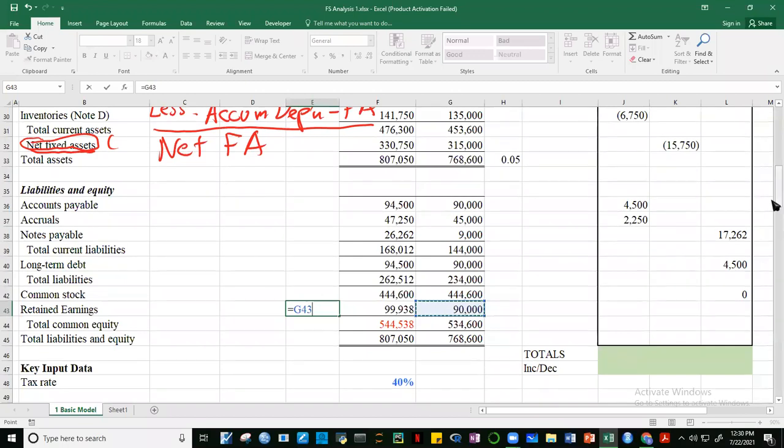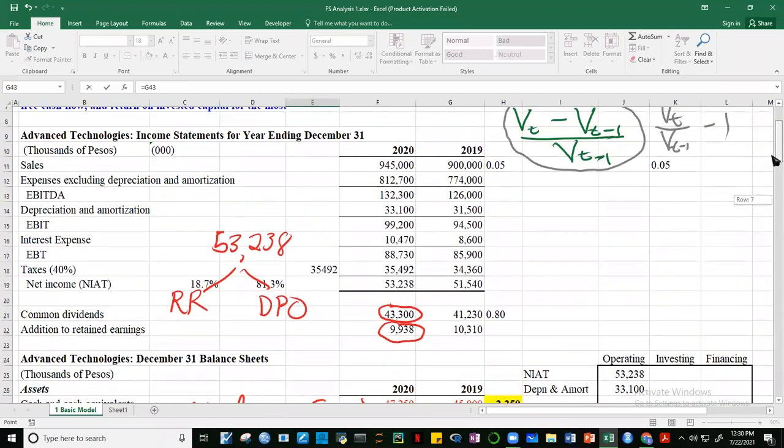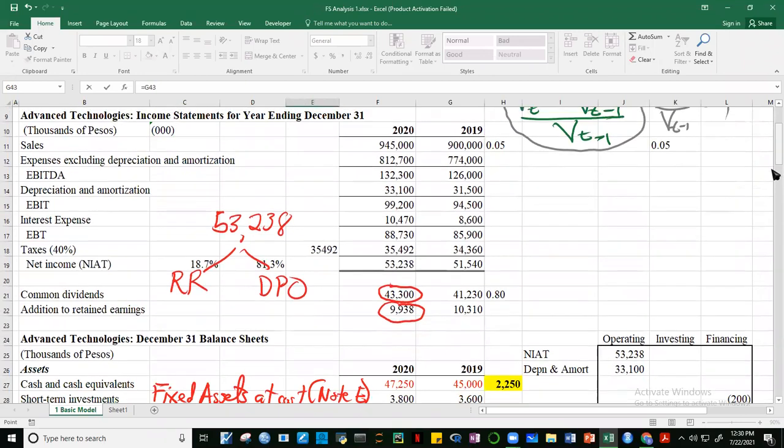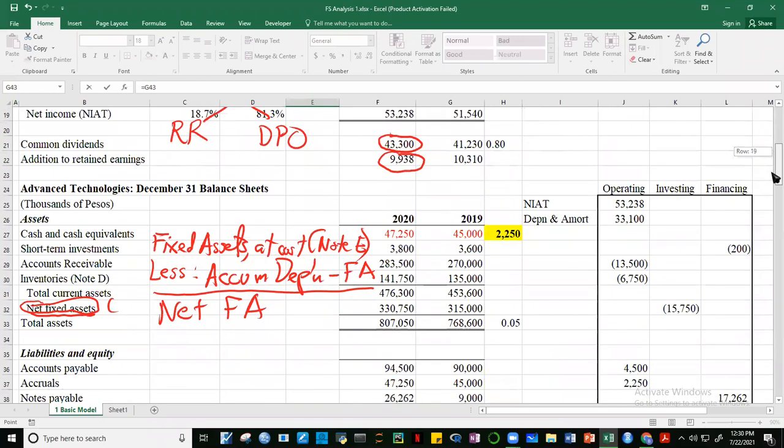Pagdating ng 2020, nadagdagan na naman yung earnings. 53,238, of which 43,300 was distributed as dividends and 9,938 lang yung flowed back to operations.